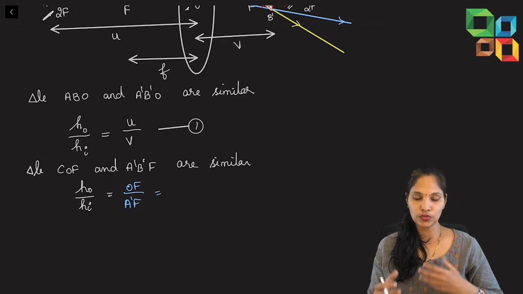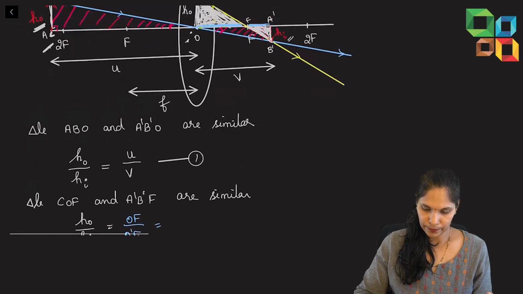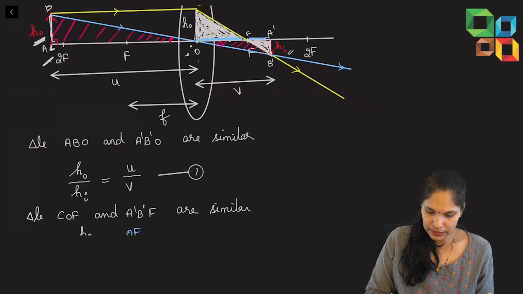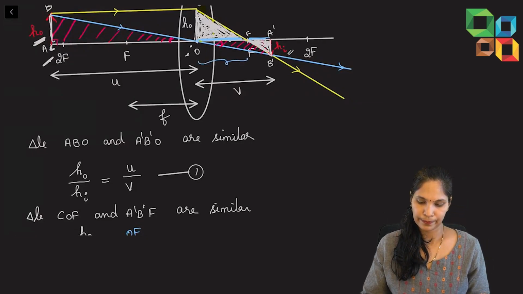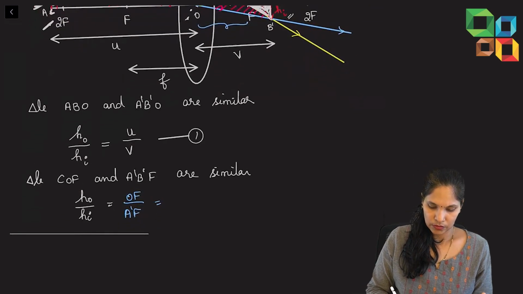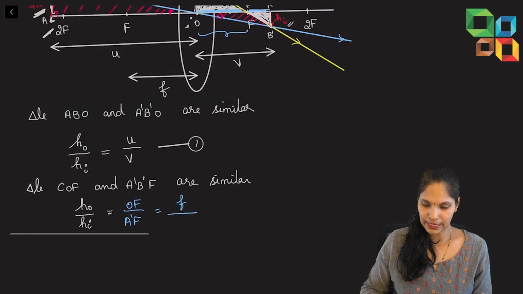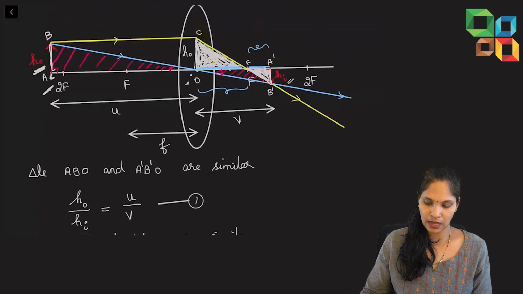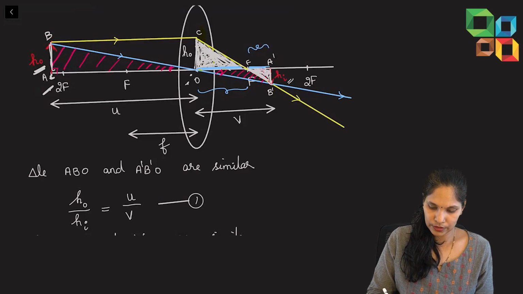We'll write this in terms of U or V like we did in the previous one. OF is nothing but F only, the focal length, divided by A dash F. How shall I write this now? I know from here to here it is V, and from here to here it is F. I want this one, so from the full length, you remove this, and you will get the remaining portion.